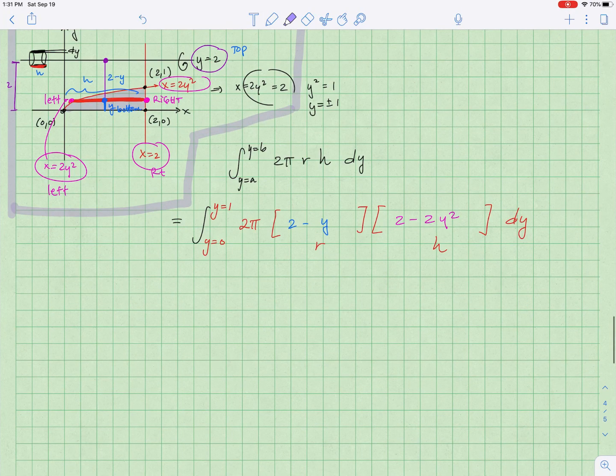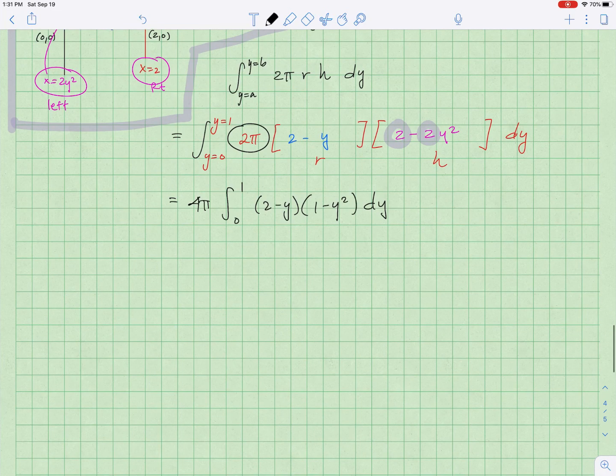Okay, so what can we factor out? I can even factor out a 2 here, maybe. So let's factor out that 2 and that 2 pi and make this 4 pi times the integral from 0 to 1 of (2 minus y) times (1 minus y squared) dy.